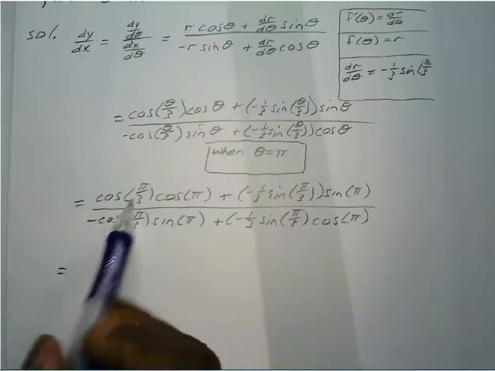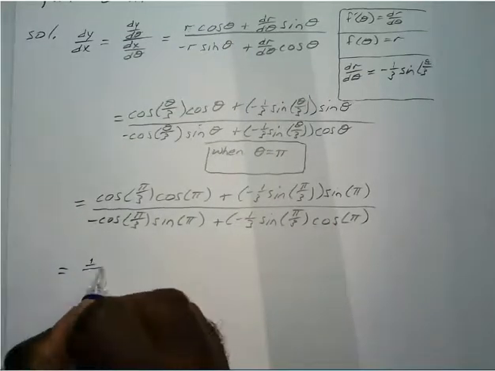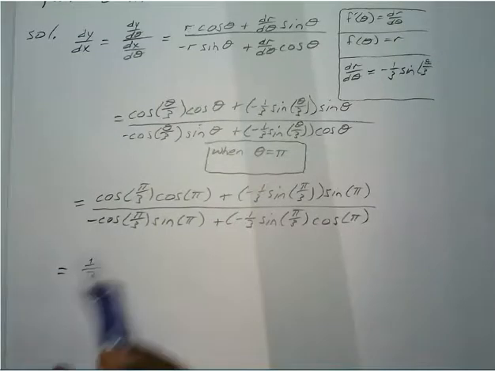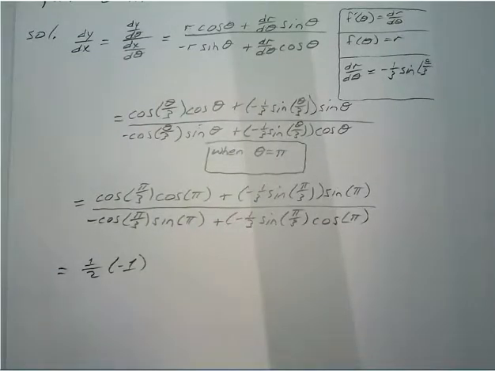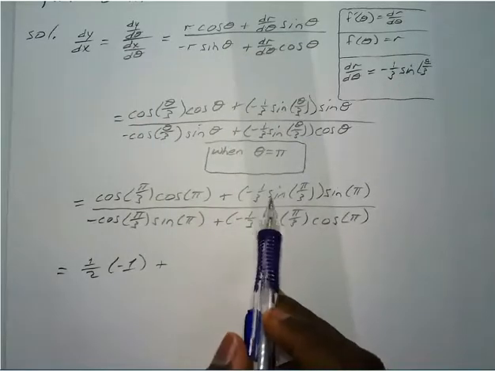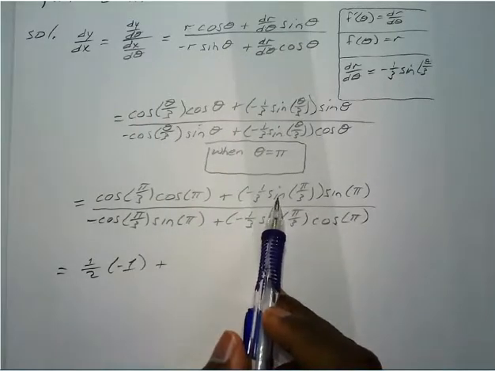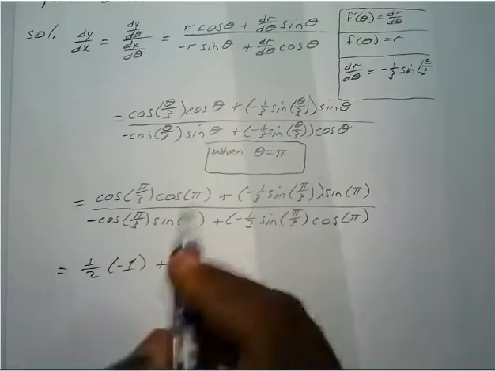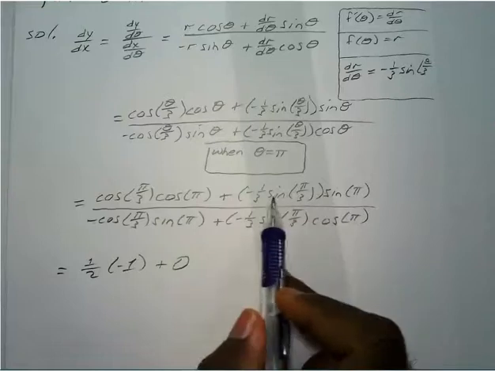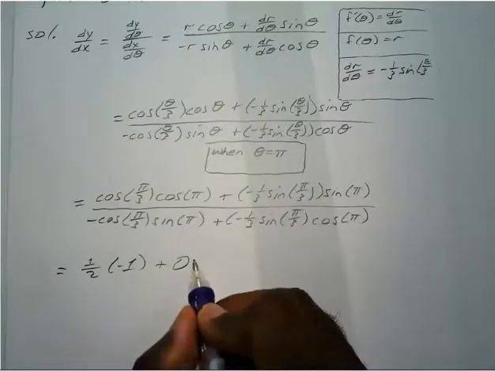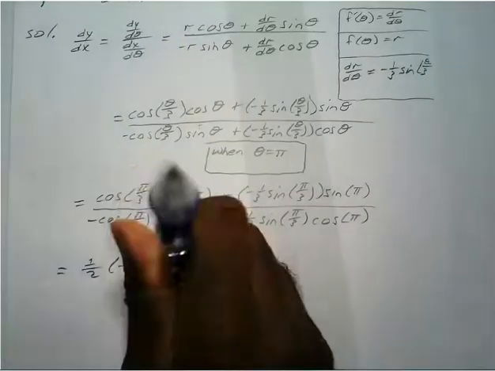Cosine of pi over 3, that's 1/2. Cosine of pi is -1. Plus, sine of pi is 0. Now, as soon as you have sine of pi equal to 0, you really don't have to solve that one if you don't want to. But I'm going to go ahead and solve it.